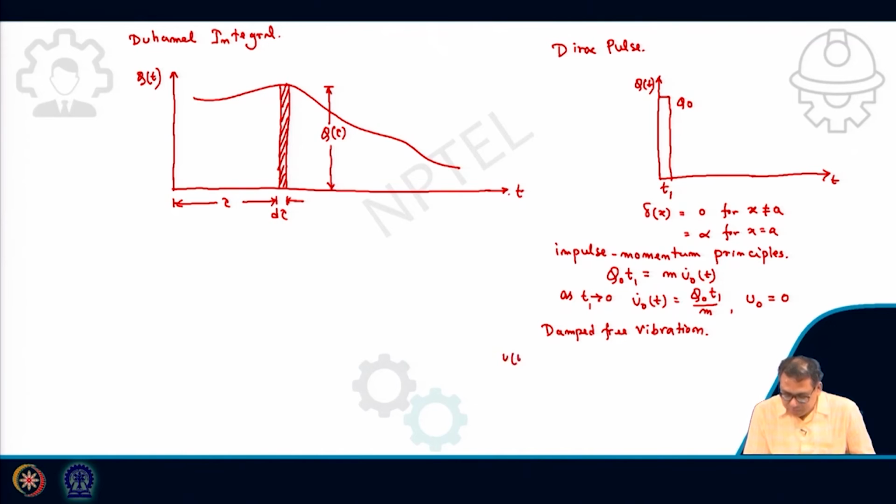You know the response: it is e to the power minus damping ratio omega 0 t, times U0 bar plus damping ratio omega 0 U0 divided by omega D, then sine omega D t, plus U0 cos omega D t.